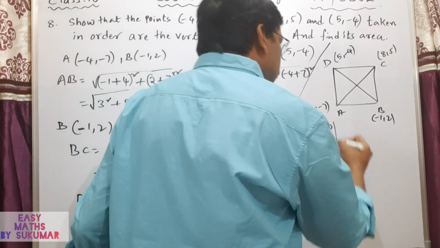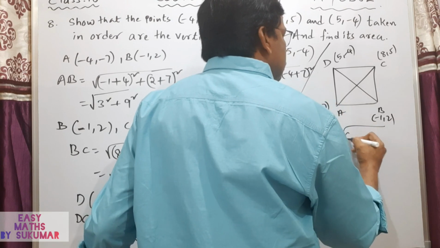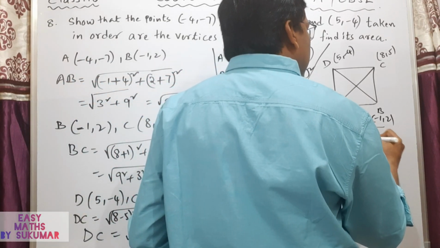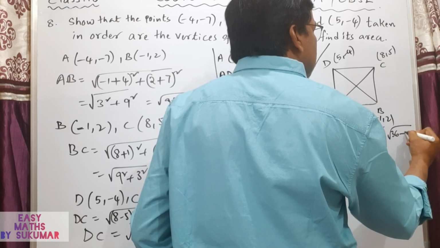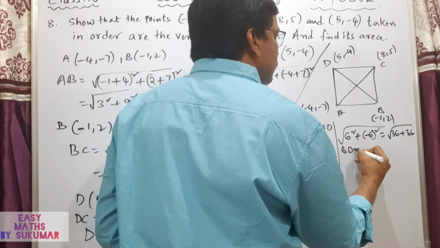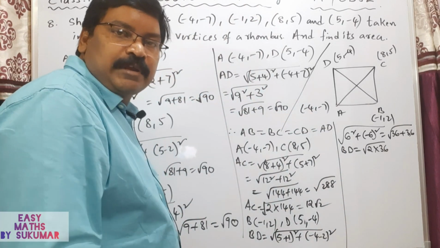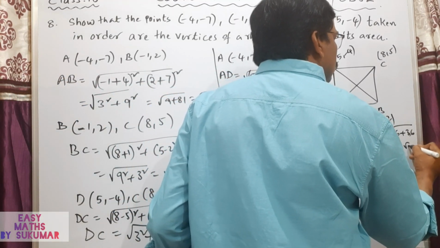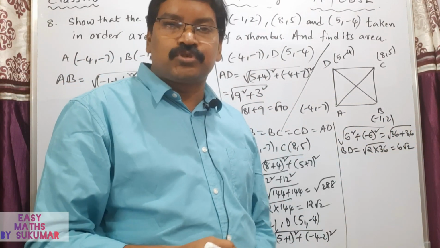So what about this 5 plus 1? 6 square. So 6 square plus -4 minus 2 is again -6 whole square. That is 36 plus 36, that is root 72. So this BD is equal to the square root of 2 times 36. Am I right? Okay. So this is equal to 6 into root 2. The square root of 36 is 6. So 6 times root 2.